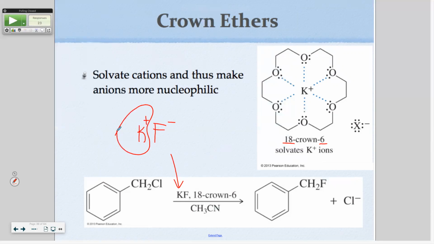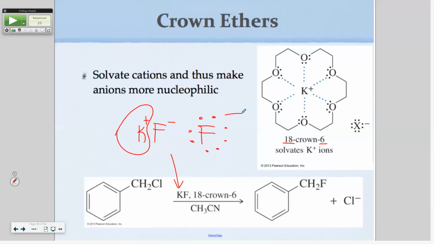So now your fluoride ion is just hanging out. What do you think it does to the reactivity of the fluoride ion? It makes it more reactive because its positive ion buddy is no longer there. So now all of a sudden this is really good.